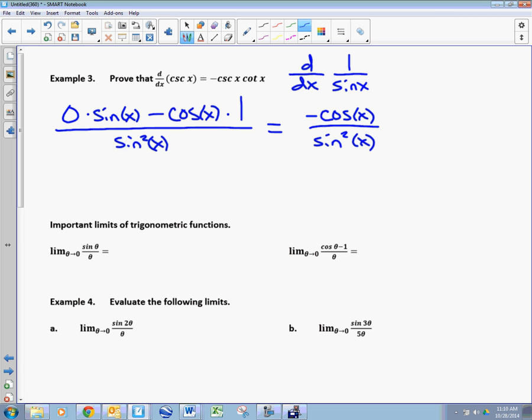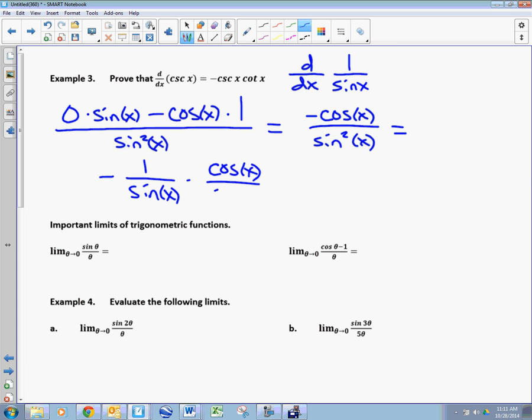Apparently, that is supposed to be the same as that. They don't look the same, do they? But the negative sign, that works out. And I see a cosecant. Cosecant is 1 over sine. So maybe I could pull one of these signs out. If I wrote this as negative 1 over sine of x, if I pulled that out because I know that's cosecant, what would be left over?